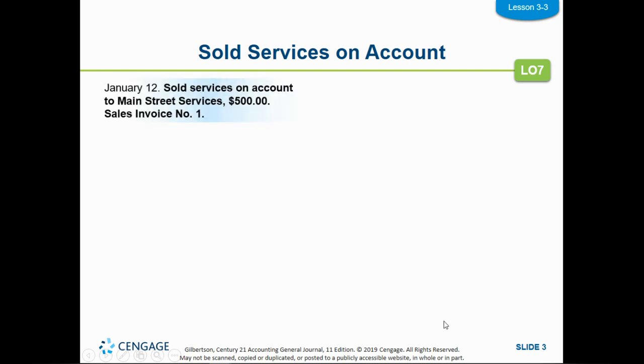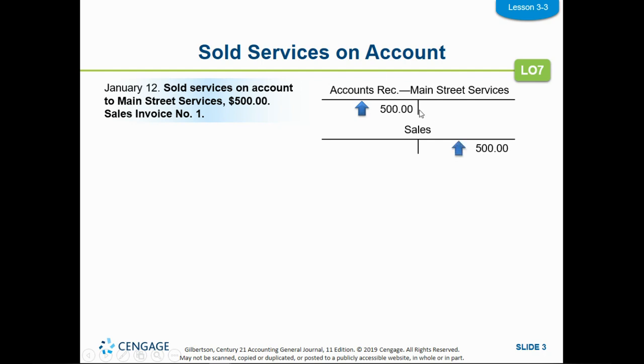Again, sold services. This time we just didn't get cash when we walked out of the door. We're going to bill them and they're going to pay us later. So we sold services on account, still a sales transaction. It's just that the debit side of that is going to be accounts receivable, because now Main Street Services owes us money. So it's an account we're going to receive money on, therefore accounts receivable.